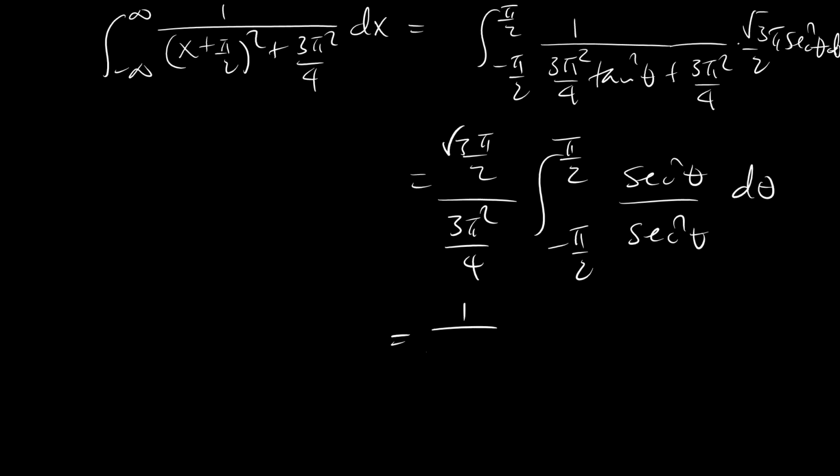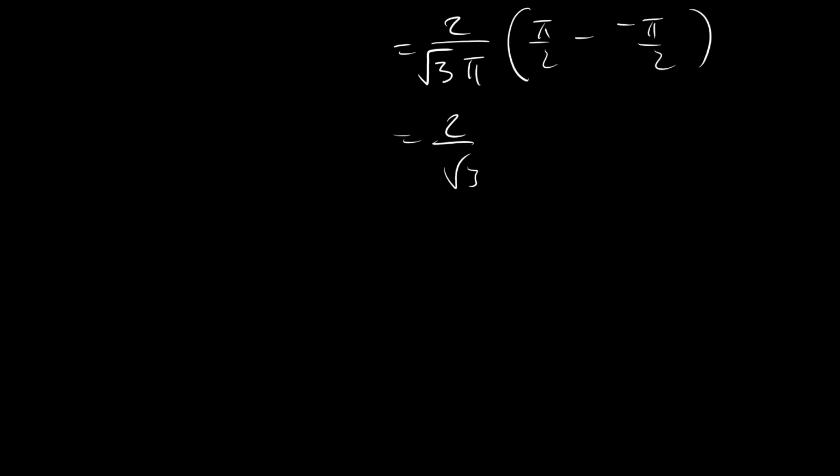And so we have 1 over root 3 over 2 pi, because this cancels, we have theta from negative pi over 2 to pi over 2 here, so which means that we have 2 over root 3 over pi times pi.